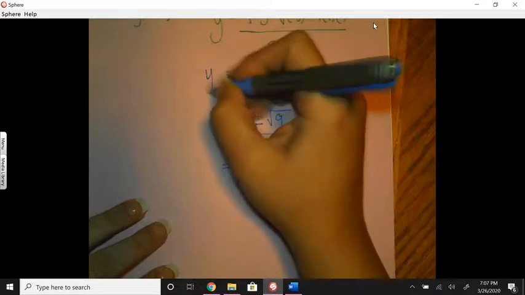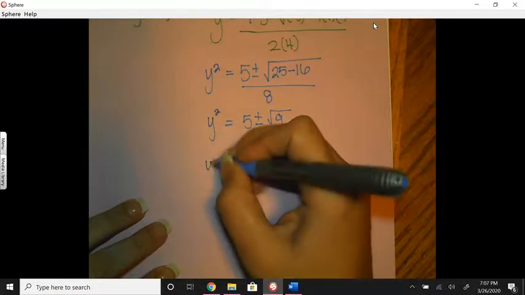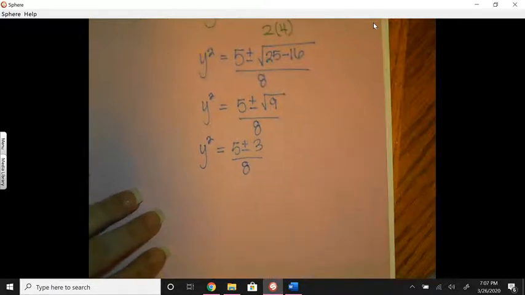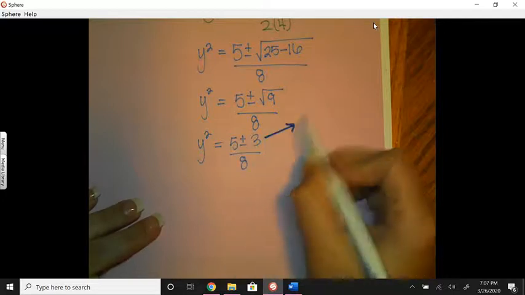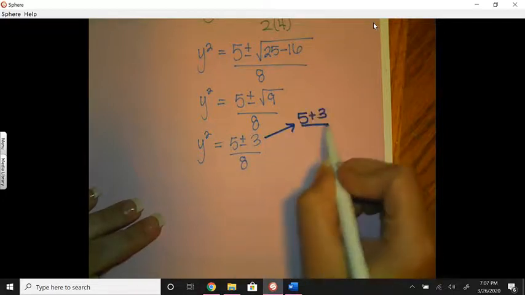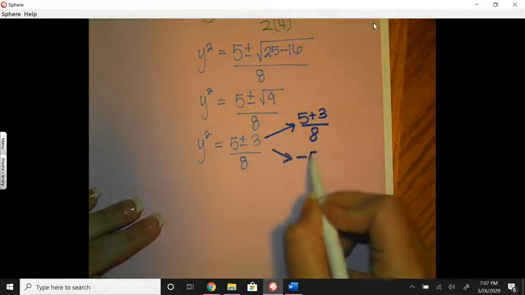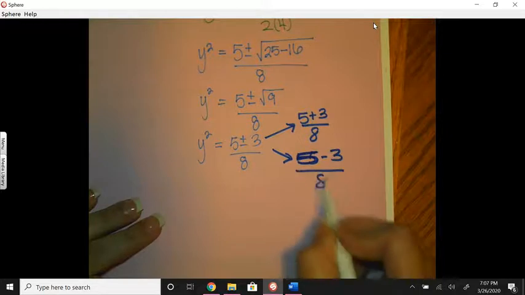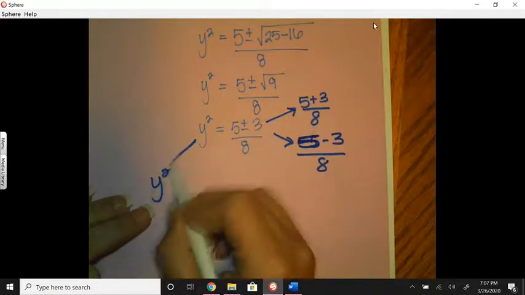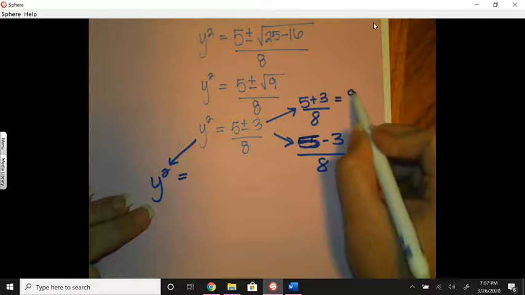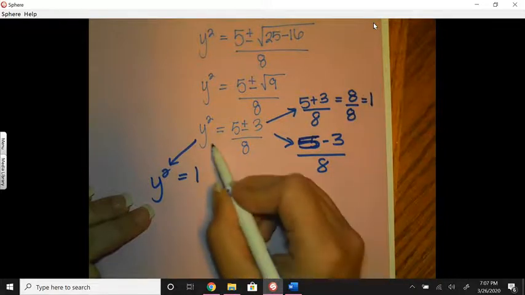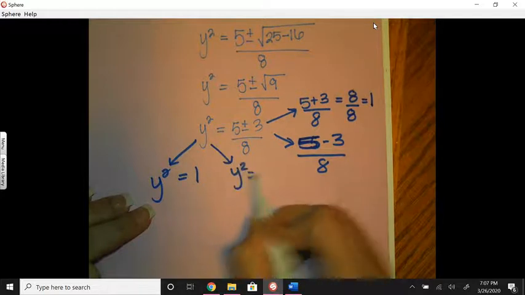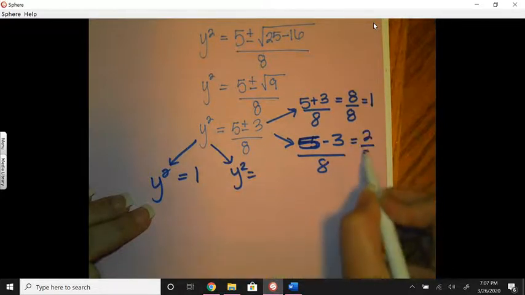Remember, this is not x, it's going to be y because that's the variable being used. Then 5 plus 3 divided by 8, and 5 minus 3 divided by 8. So then we'd have y squared equals 1, and y squared equals 1/4.